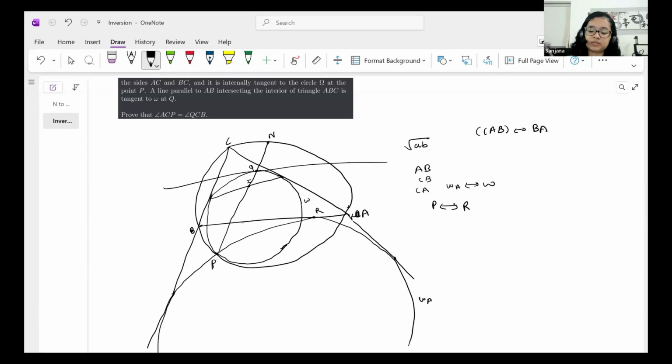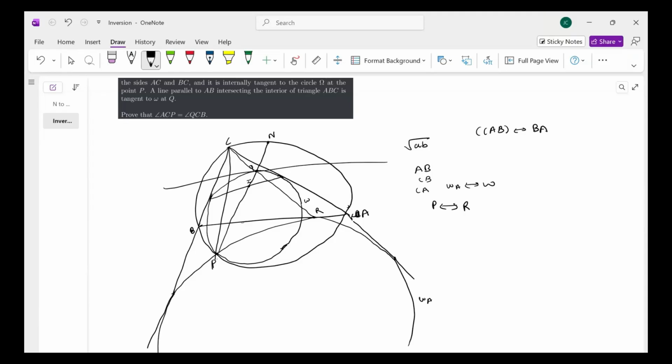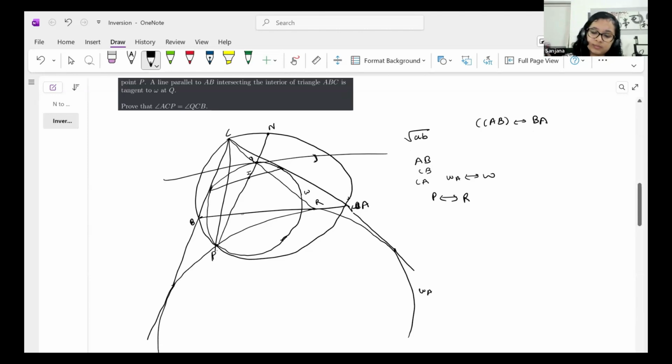So now you have some point R, and you know that angle PCB is equal to angle RCA. So you just want to prove that Q lies on CR. This is true by homothety, I think, because you know that these two lines are parallel.